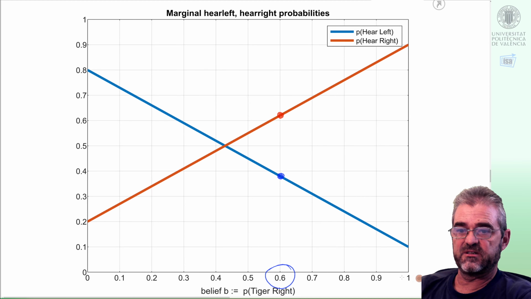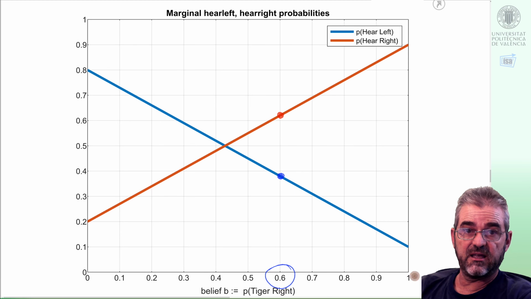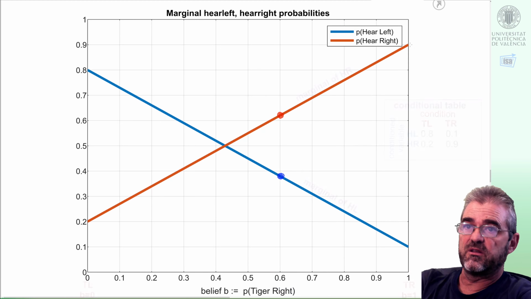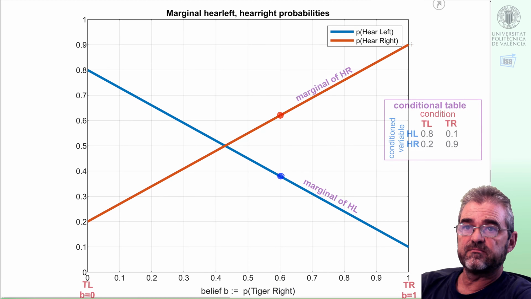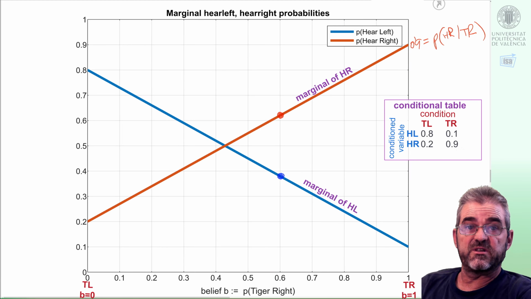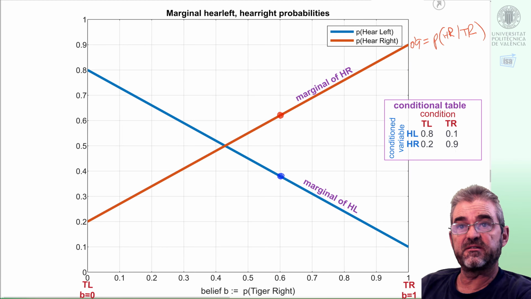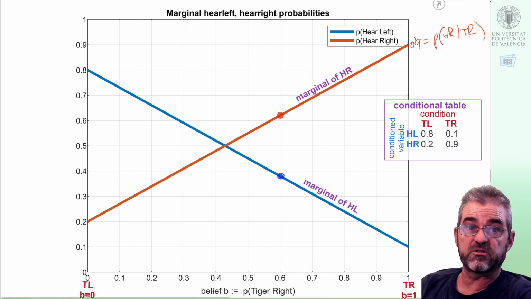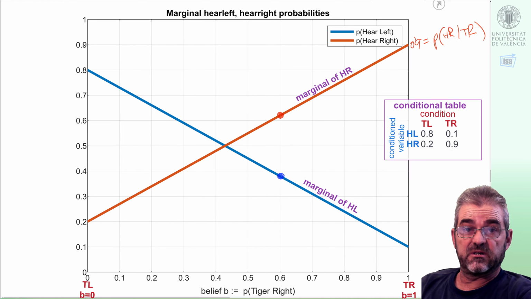Indeed, for instance, if B is 1, if I am sure that the tiger is at the right-hand side cage, then this number is 0.9, which was the conditional probability of hear right given tiger right. Of course, if I am sure that the condition holds with probability 1, then the conditional probability is no longer a conditional.